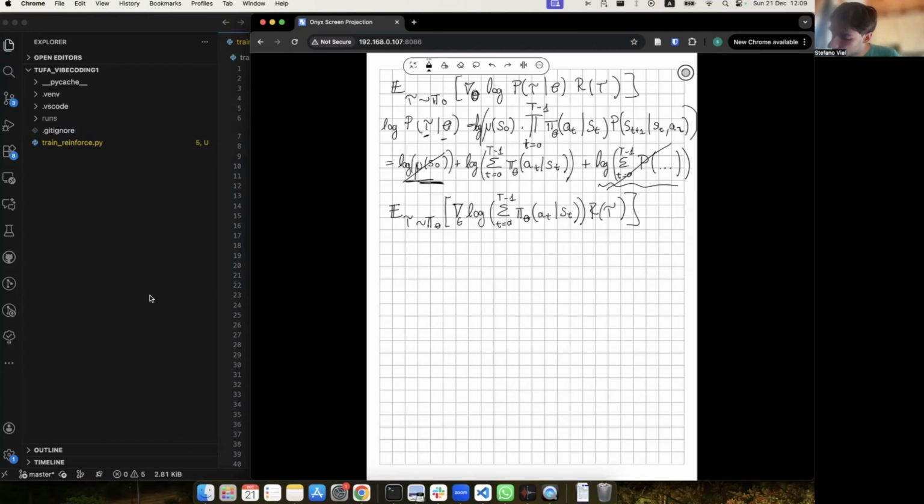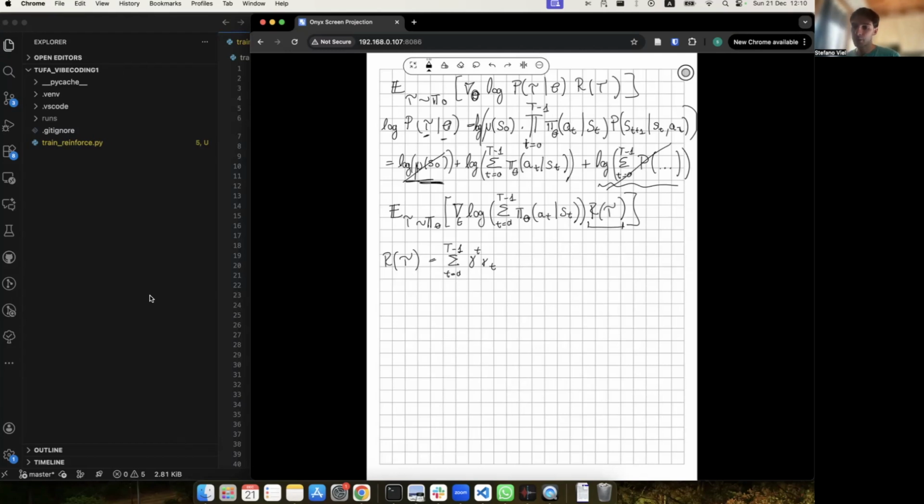Now, I would like to address this other term, the reward of a certain trajectory. This depends on the environment that we are using, like if we get the reward at the end or during and so on. But in general, it would be something like a sum from t equals 0 to T minus 1 of the rewards at time t discounted by a factor gamma to the power of t.